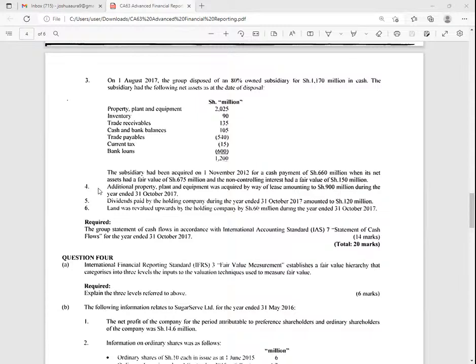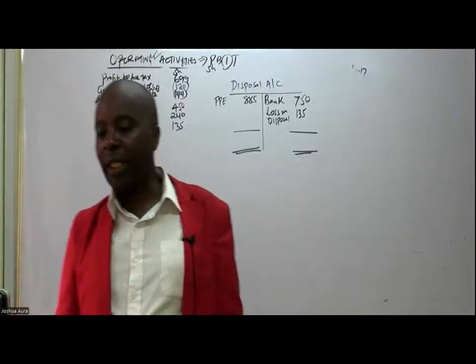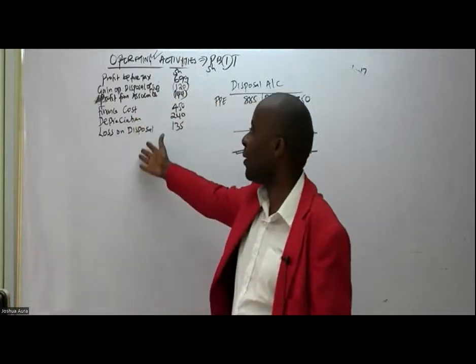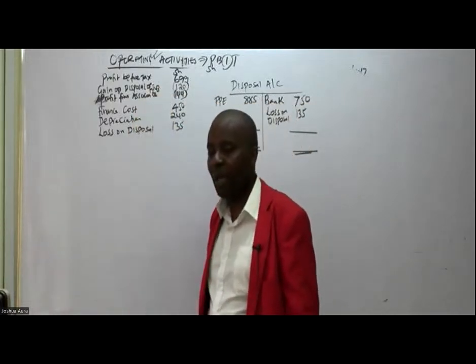Note number 5, dividends paid by the holding company during the year ended 31st October 2017 amounted to that. Note 6, land was revalued upwards by the holding company by shillings 60 million during the year ended 31st October 2017. This figure we shall be able to adjust later when we are doing the property, plant, and equipment. Thank you so much. Now, I don't know whether there is any non-cash item that you have left behind, my students. Is there any non-cash item that you may have left behind?